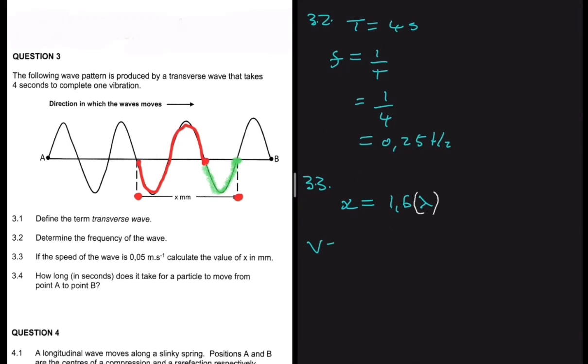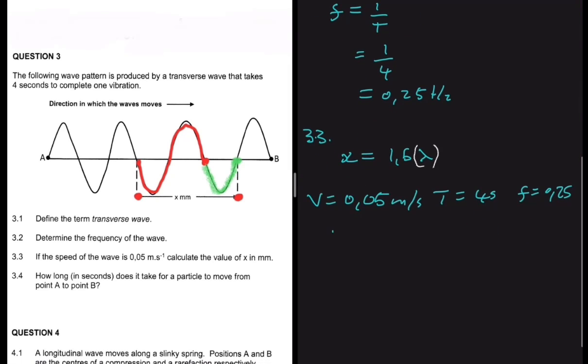We are told that the velocity is equal to 0.05 meters per second. We know that the period is equal to 4 seconds and the frequency is equal to 0.25 hertz, right? So we can say that the velocity is equal to the wavelength divided by the period. So what is the velocity?